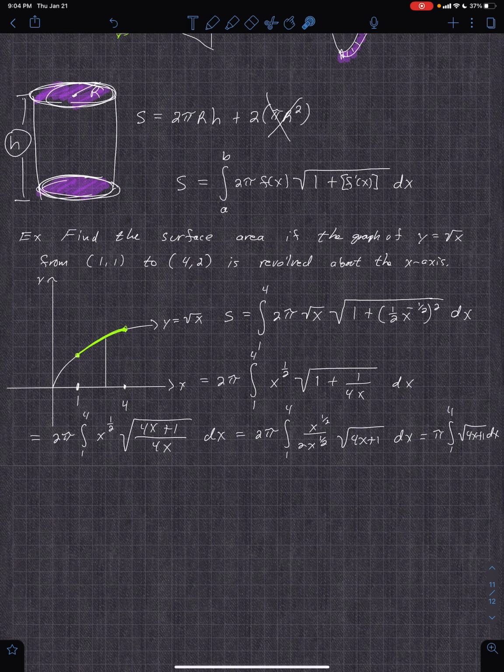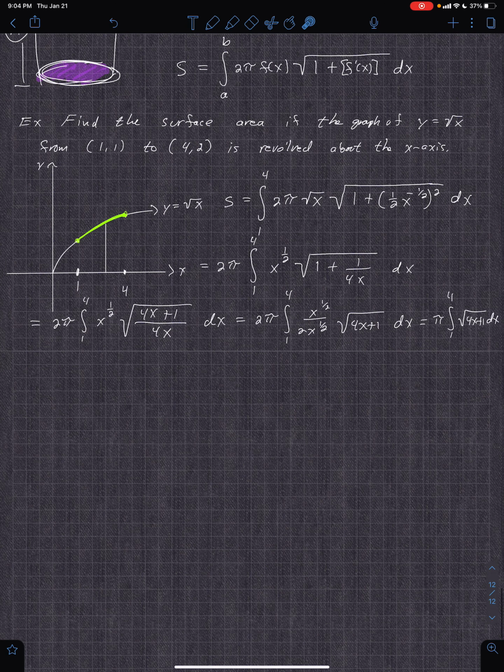That's pretty straightforward. You pick u to be 4x plus 1, and then you get 1/4, etc., and you simplify it. I might do that later just to show you if I get an actual number in the next video. But normally these are the sort of things we do in class, and I have you figure it out, and we compare answers, and we're good to go.